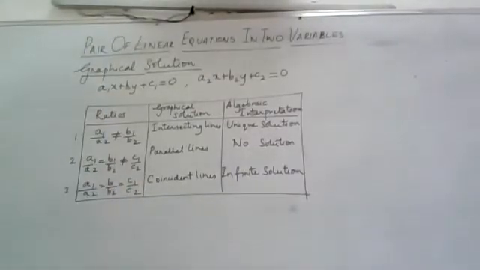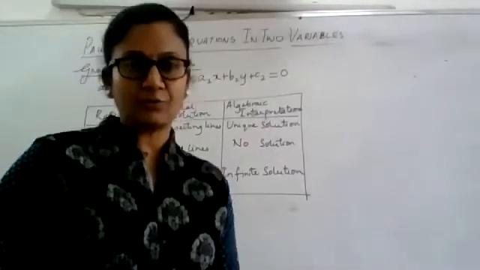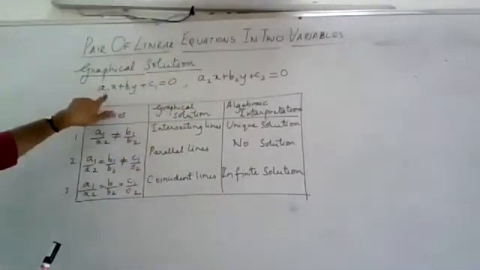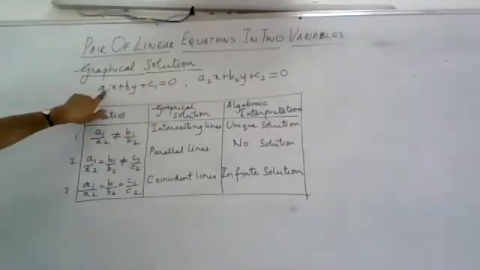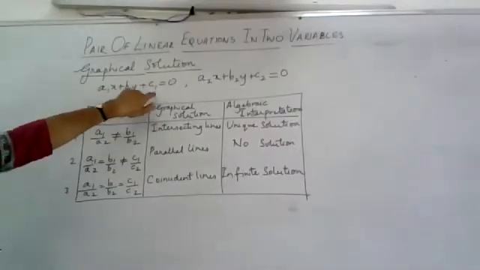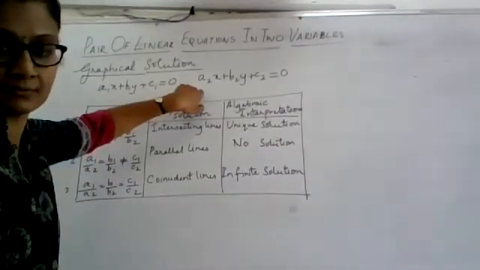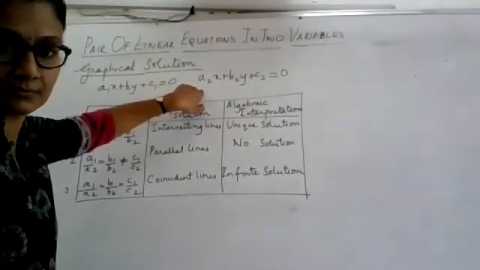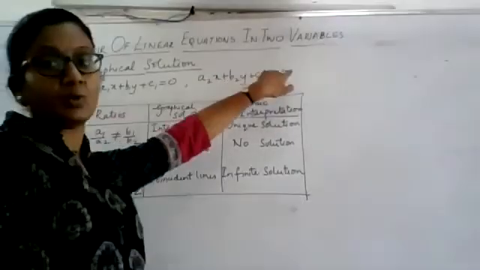Now there are three ways in which the solution could happen. Given a set of linear equations, suppose it is written in the general form like this. I have the first equation as a1x plus b1y plus c1 equals 0, and the second equation as a2x plus b2y plus c2 equals 0.